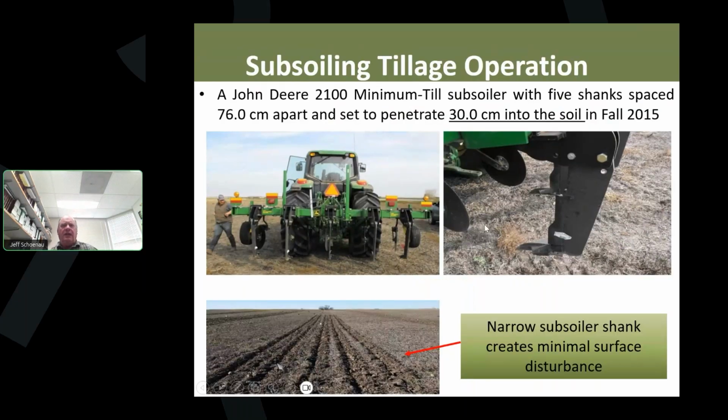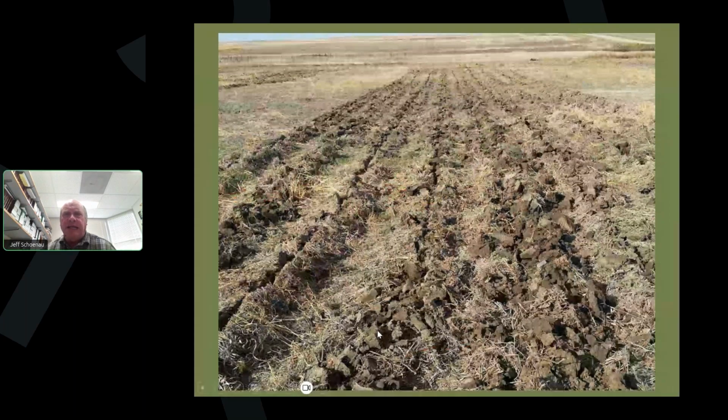And as you can see there, in that last photo at the bottom left-hand side, that narrow subsoiler shank creates relatively little disturbance at the surface. So it leaves a pretty good seed bed behind for the crop. And this is in a solonetzic area of one of the fields here.